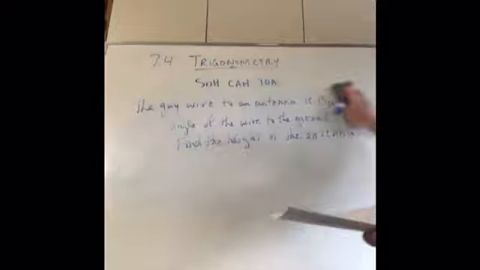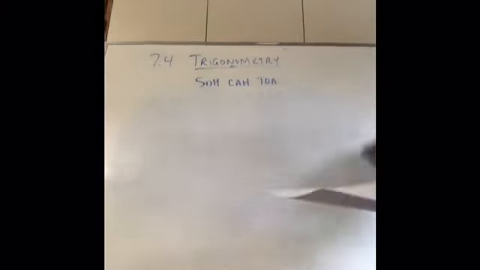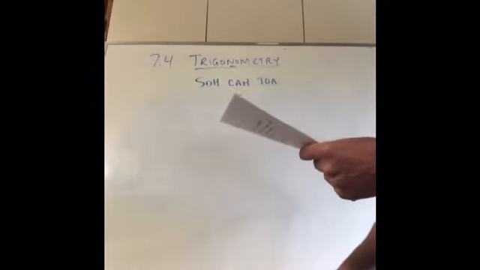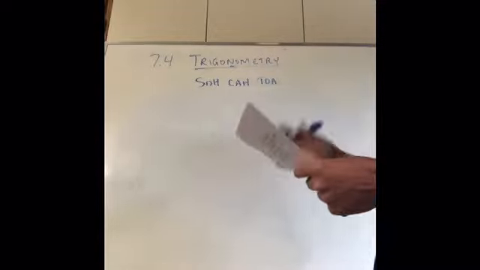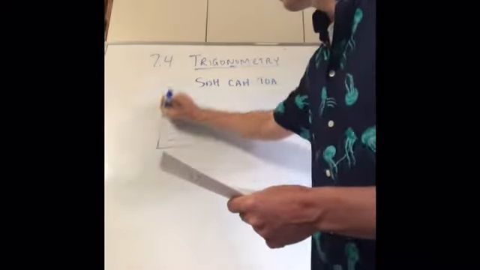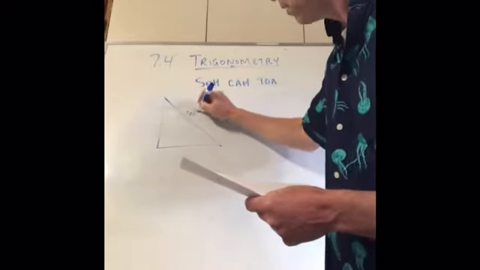All right, so in this case, our best bet is to imagine this as a right angle triangle. Trigonometry is right angle triangles, so we have to figure out how to put this information into that. So in this case, we have the ground, we have the tower, and we have the wire.